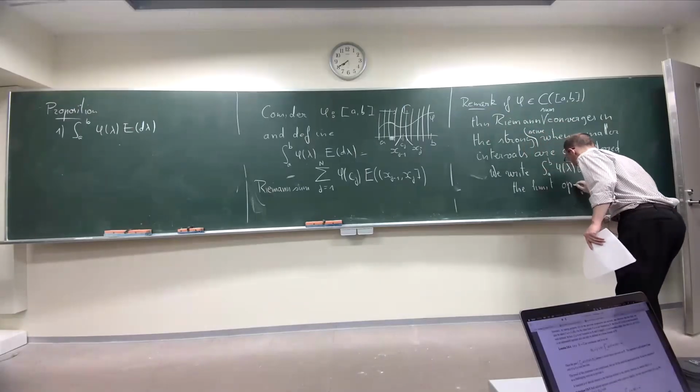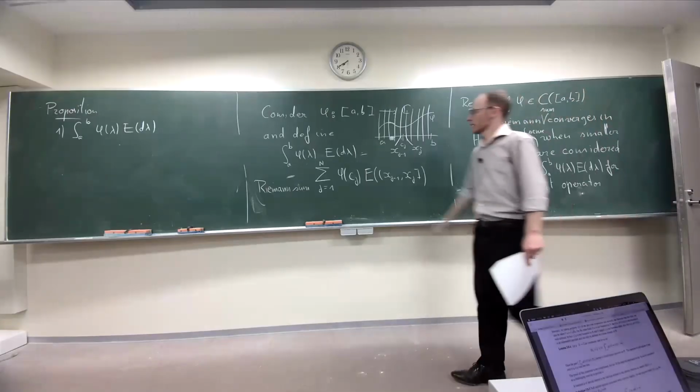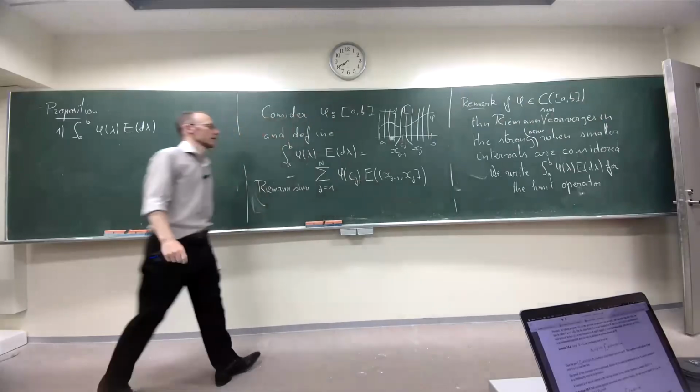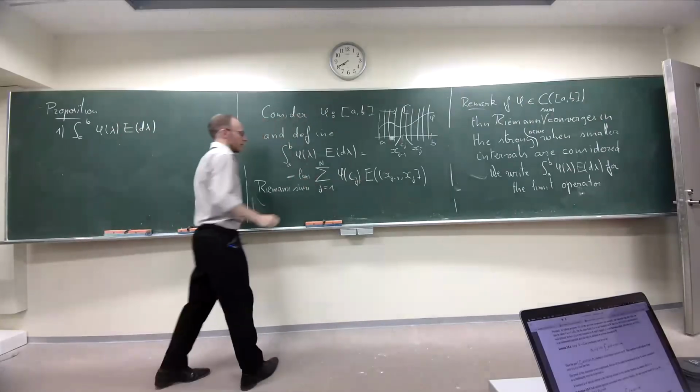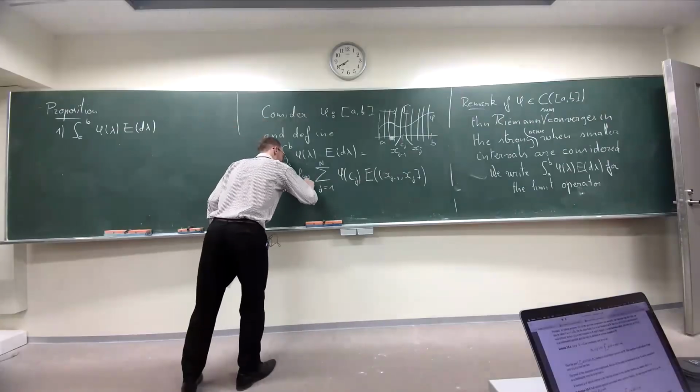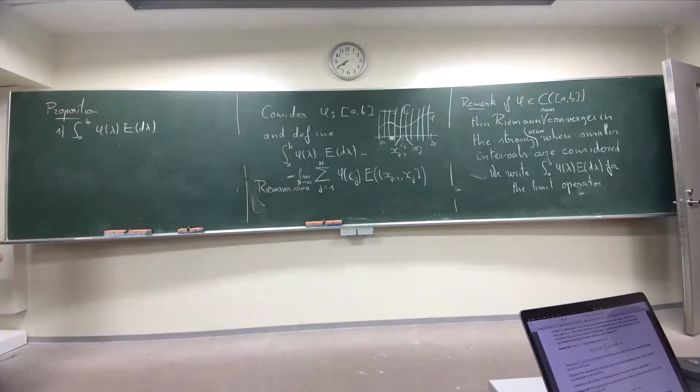And it's an operator. So this is just a notation, but it explains the limit of this. Here I should write a limit when n is going to infinity. In this sense, it would be more precise.